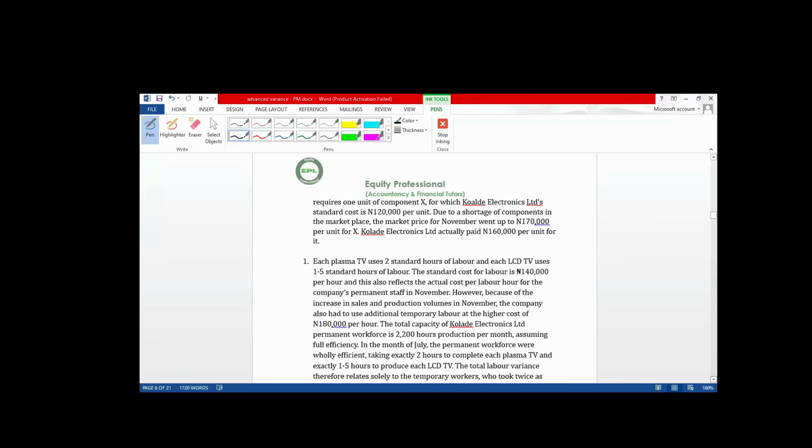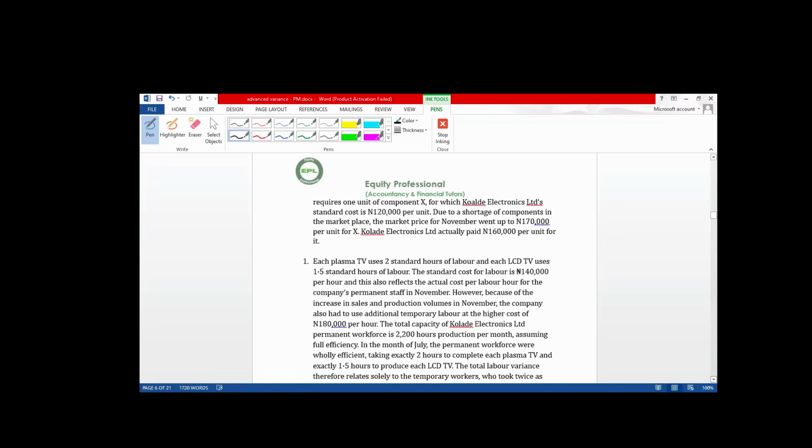Look at that, it means standard labor cost per hour is also actual labor cost per hour for the company's permanent staff. Our plan is to pay 140,000 naira per hour, and we actually pay 140,000 naira per hour for our own permanent staff in November.